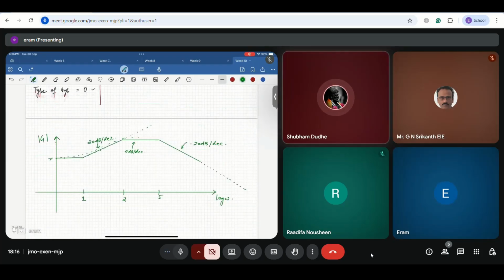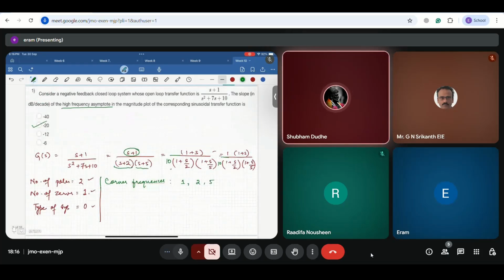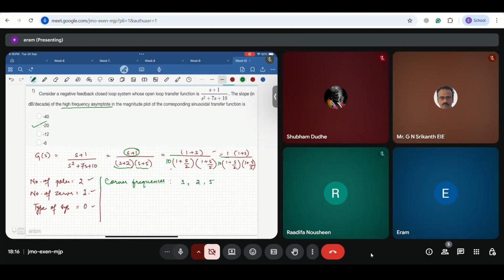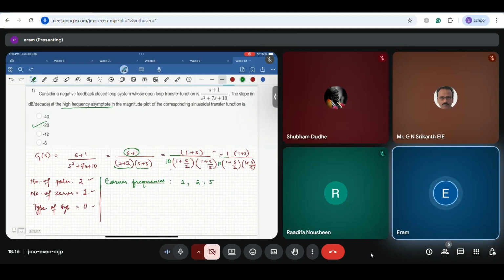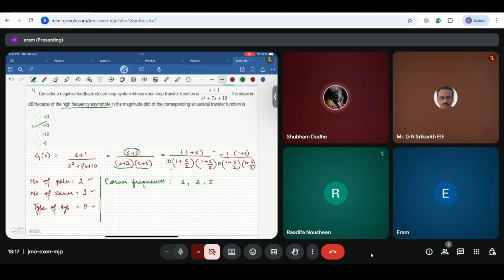Ma'am, in the assignment it is asked to calculate in dB per octave. So how to convert it? Okay, so in dB per decade, you increase the frequency by 10 times.